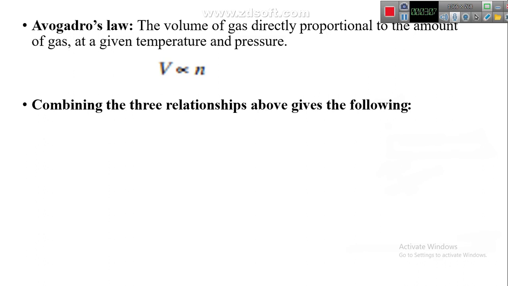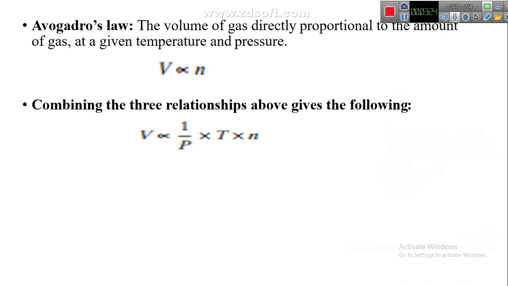By using the three previous gas laws, we can obtain the following relationship.